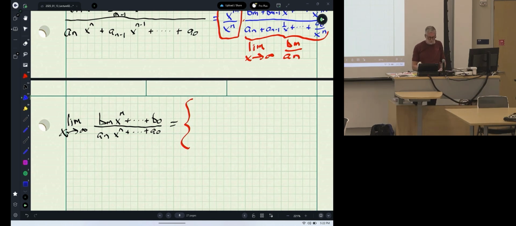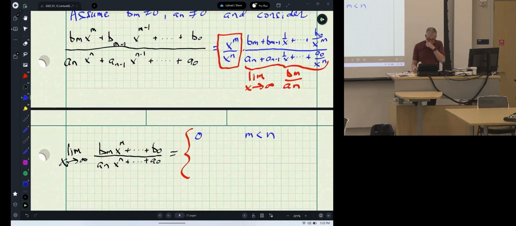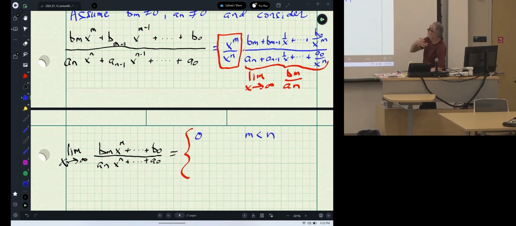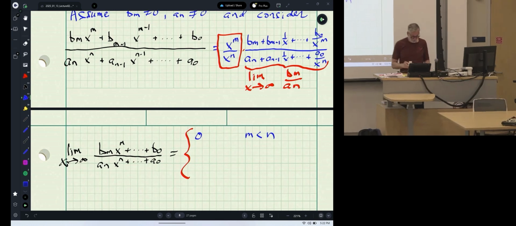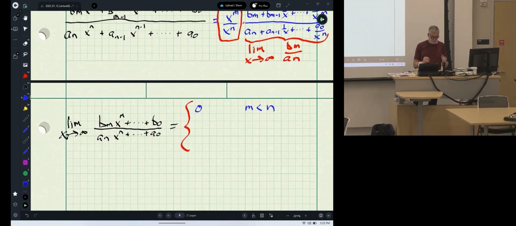Got a few cases. 0 if m is strictly less than n, so the numerator is smaller than the denominator, we end up with something positive in the denominator after we cancel terms, and then that goes to 0.